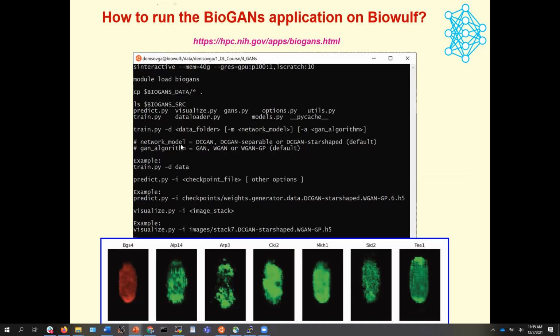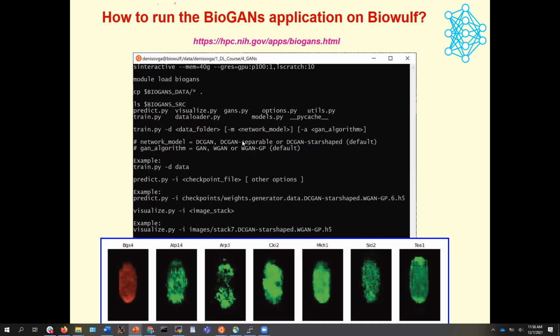What's called network model is the architecture, and the GAN algorithm is just GAN or WGAN GP. Basically, this refers to the generator, and this refers to the discriminator. So by default, if you just use this command, then you will use the DCGAN star-shaped generator and WGAN GP for the discriminator, which in this case would be called the critic.